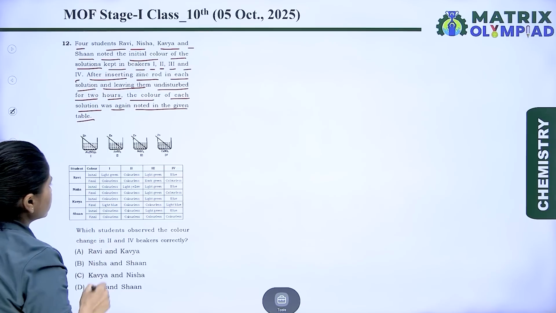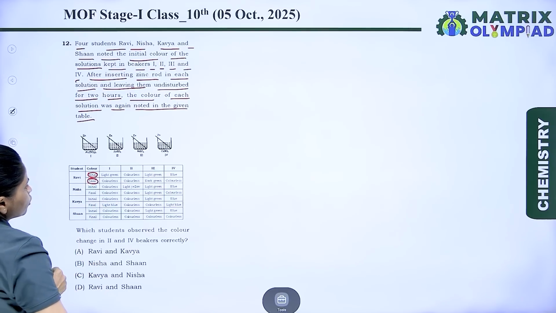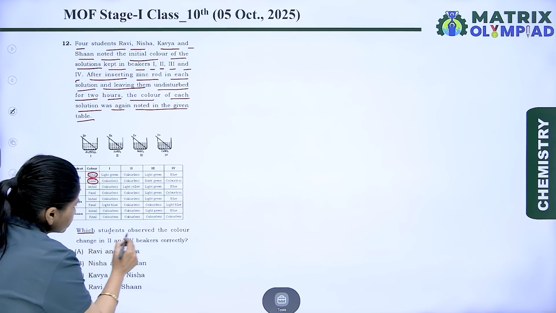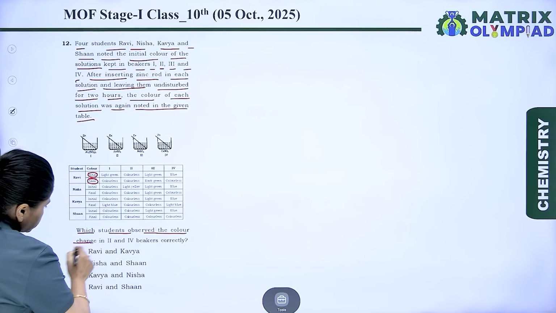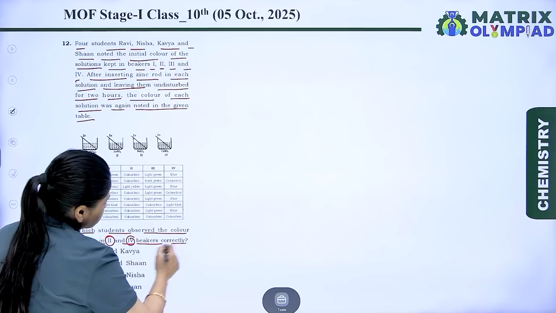And this is the table in which initial and final color is noted by each student. Which student observed the color change in second and 4th beaker correctly?